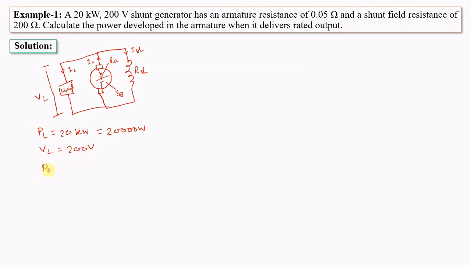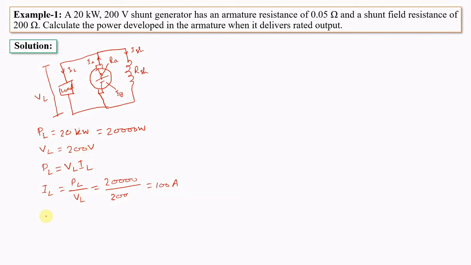We know that the output power is equal to voltage across the load into the load current. So we can find the value of IL as output power upon voltage across the load. So it is 20,000 upon 200, that means 100 ampere. So this is the current flowing to the load.